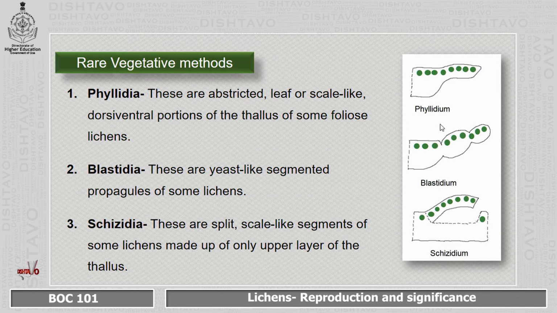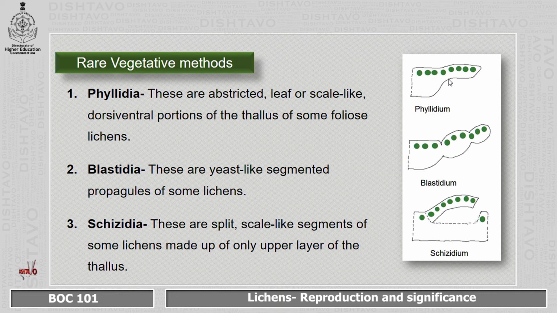Now, let us look at the rare vegetative modes of reproduction. First is formation of phyllidia. Phyllidia are abstracted leaf or scale like dorsiventral portions of the thallus of some foliose lichens. So, as you can see in this image, the foliose lichen would form these kind of structures, that is phyllidia.